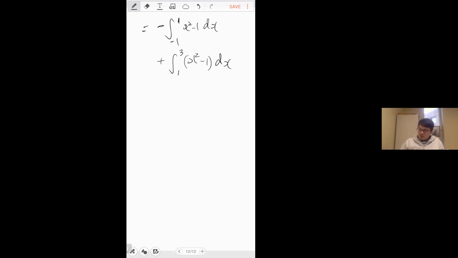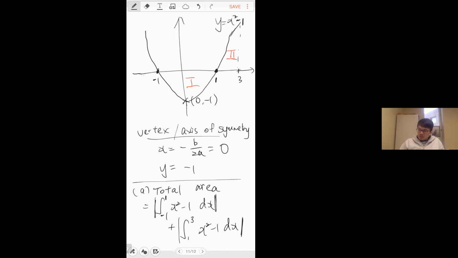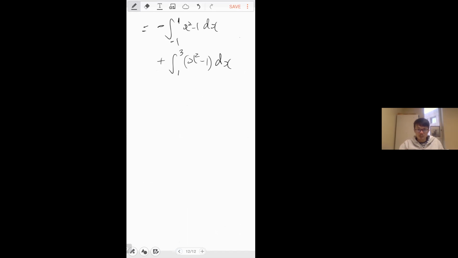So these two integrals that I just wrote down here are actually the same as this. Does everyone see that? The second term is positive, so taking the absolute value doesn't do anything. It'll be the same as the original term.